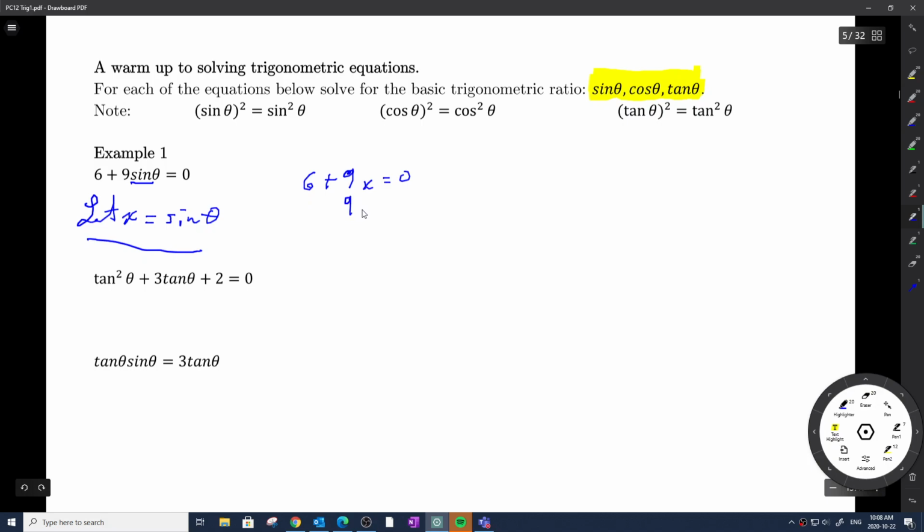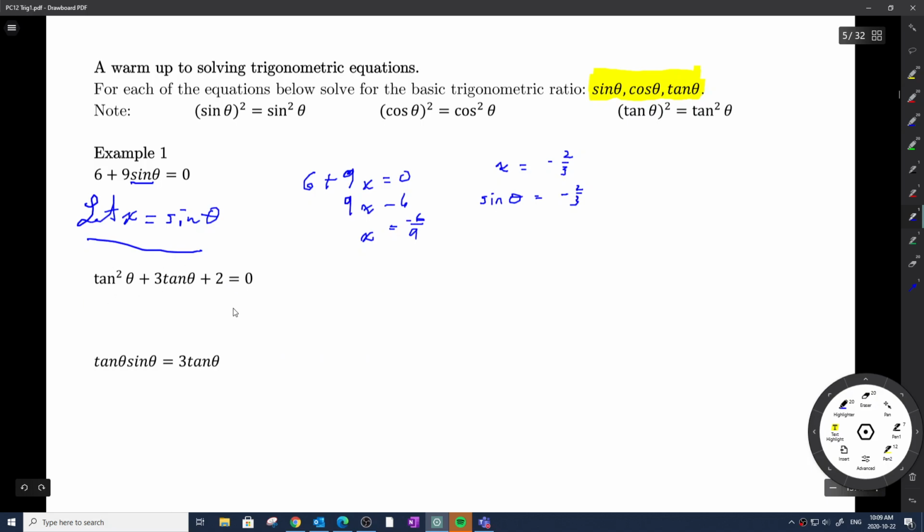I'm going to subtract 6 from both sides, and then divide both sides by 9, and maybe simplify that. So therefore, we're not solving for x. Remember that x is sine theta. So sine theta is equal to negative 2 over 3.